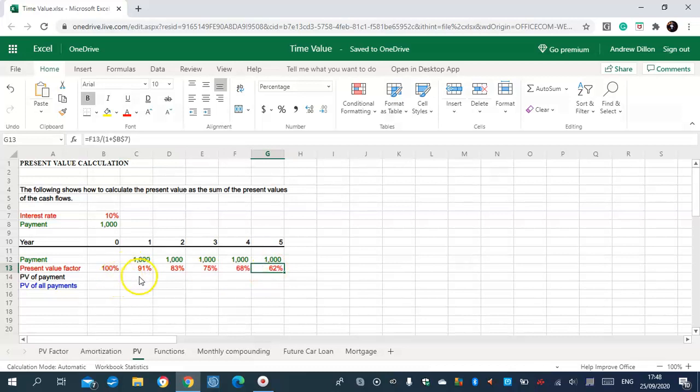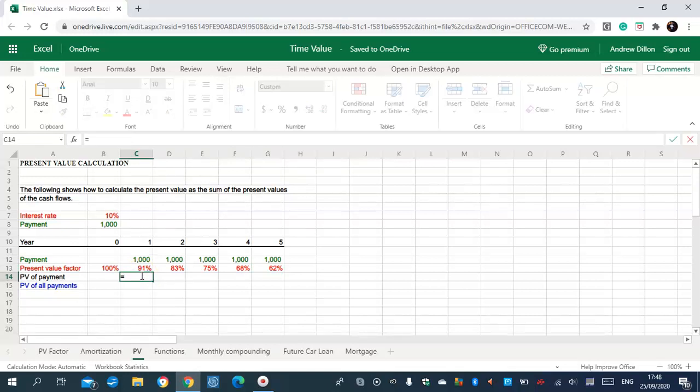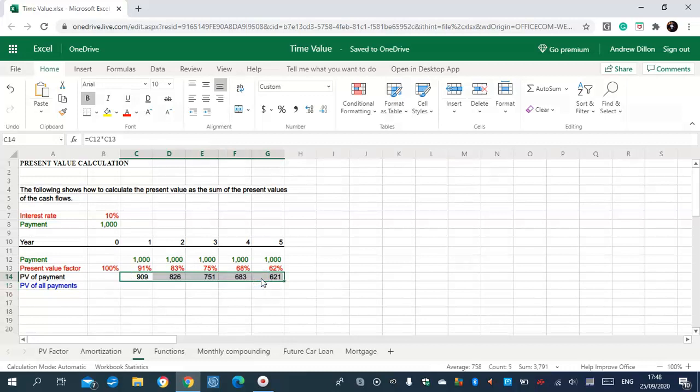Okay, present value of payments is next. So payments multiplied by present value factor. Okay, so now calculate the present value of all payments.